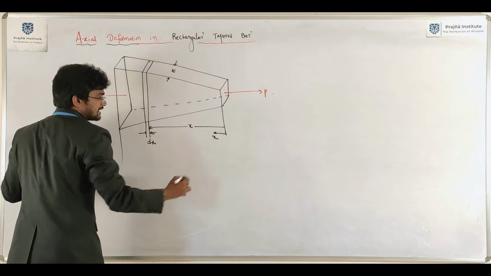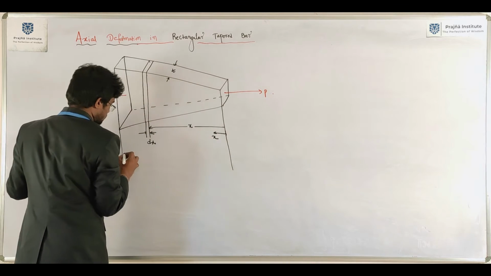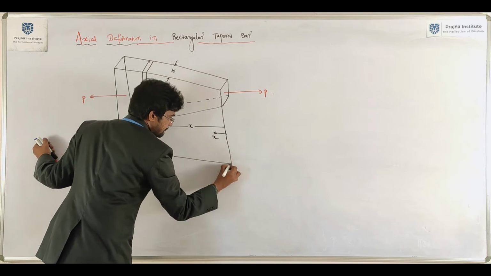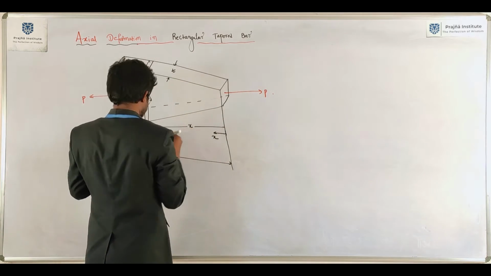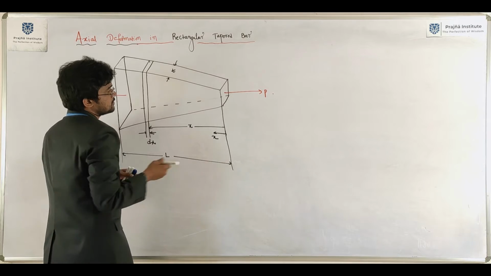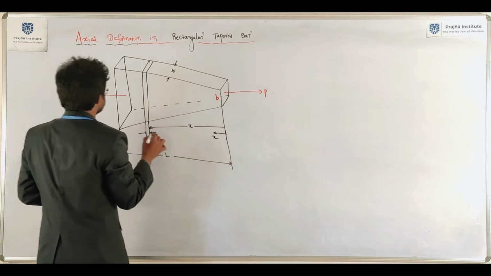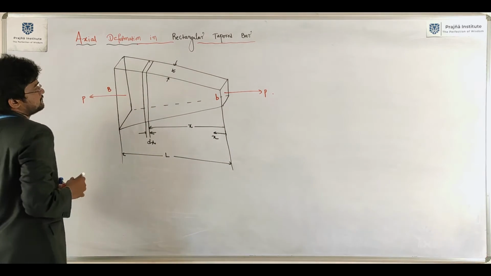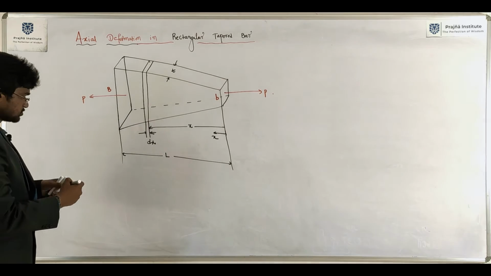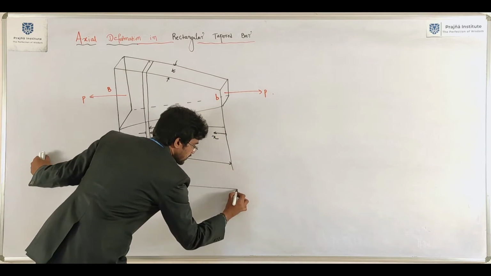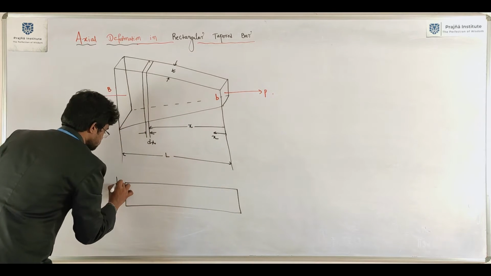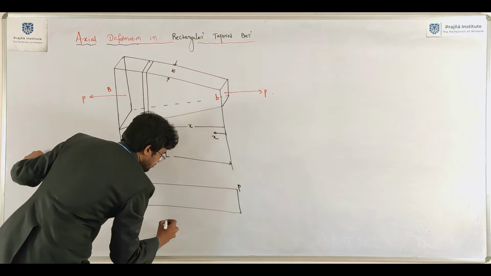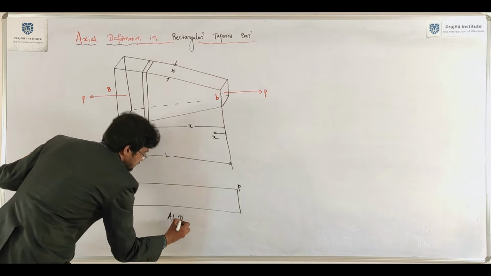Now total length of the tapered bar will be L. It is small b, capital B. Of course, uniform axial loading. Here it is P, here it is P, axial load.